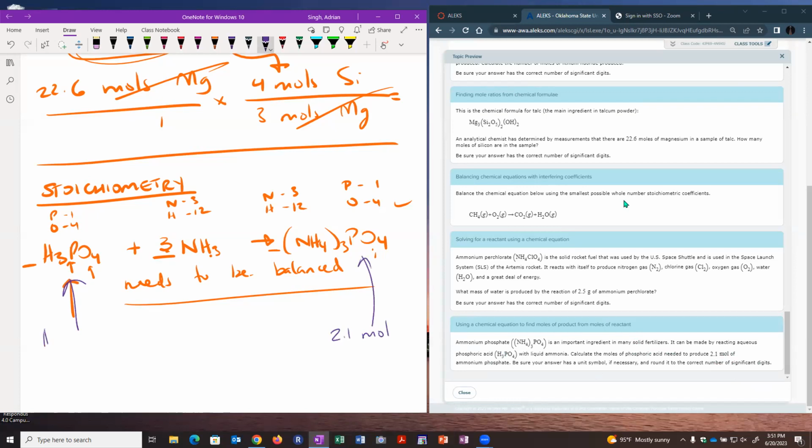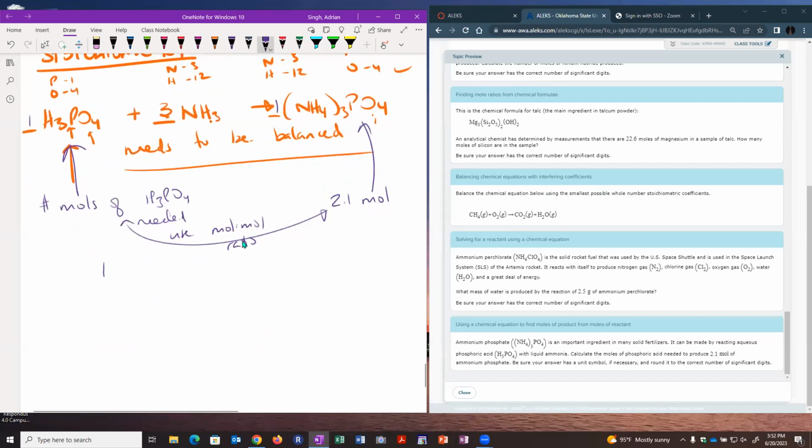We need to figure out the number of moles of H3PO4 needed. Looking at my balanced equation, I can see my mole-to-mole ratio, and we're going to use that. That's just reading the coefficients.